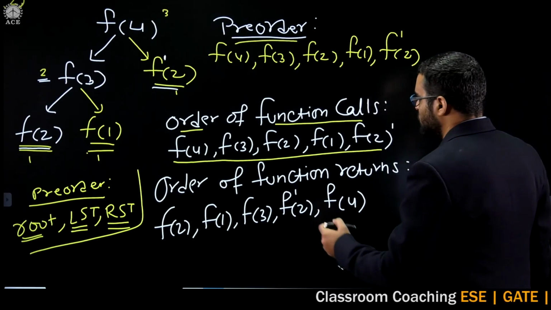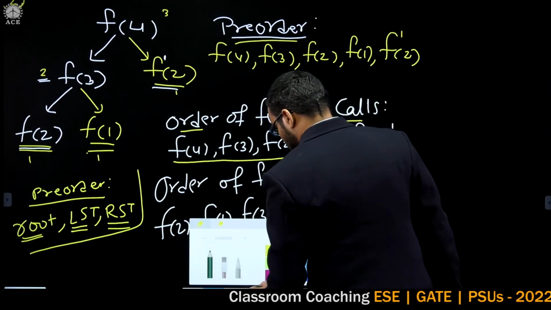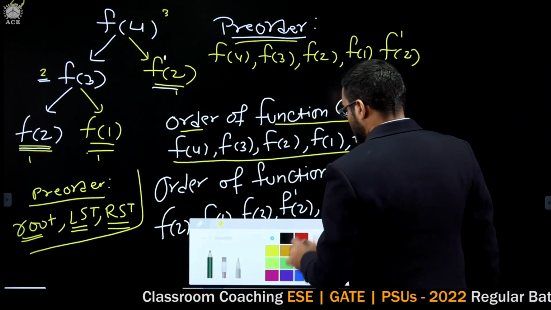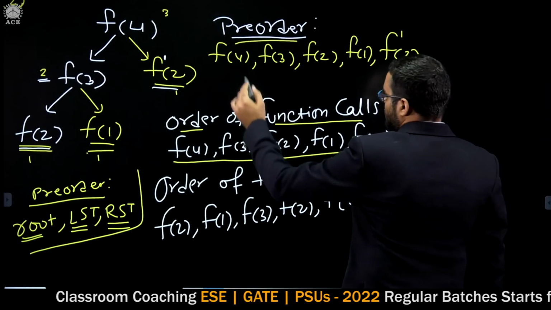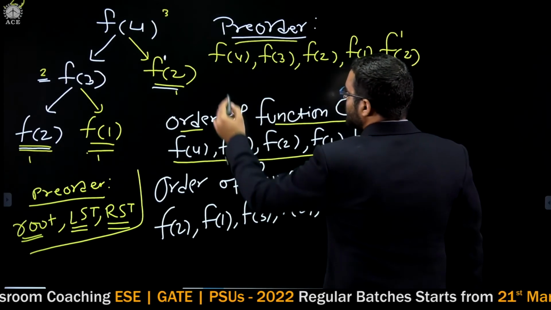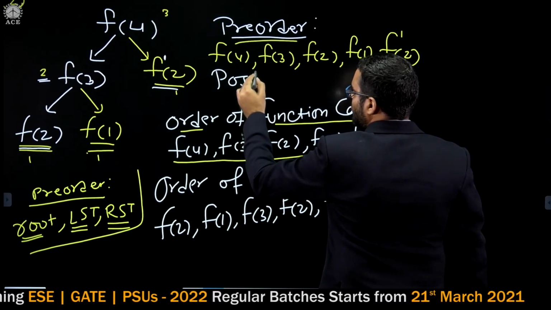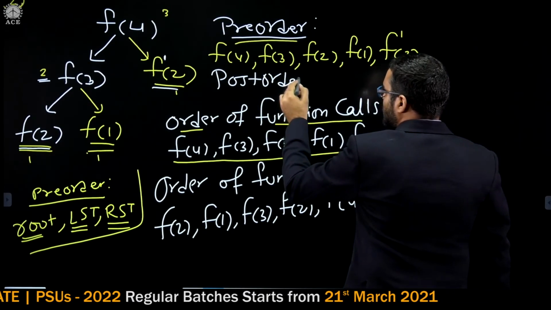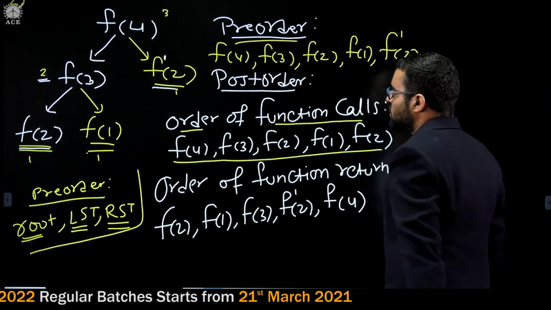So let me write down here the post order. What will be the post order traversal?